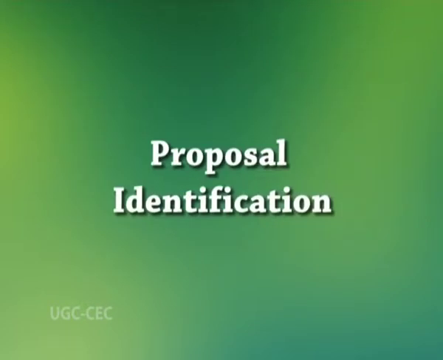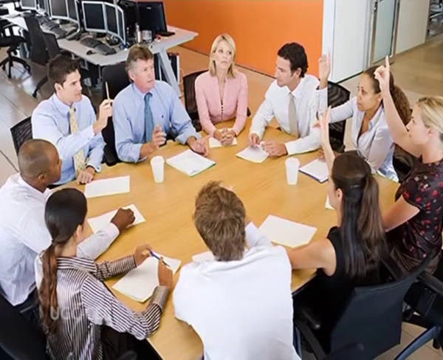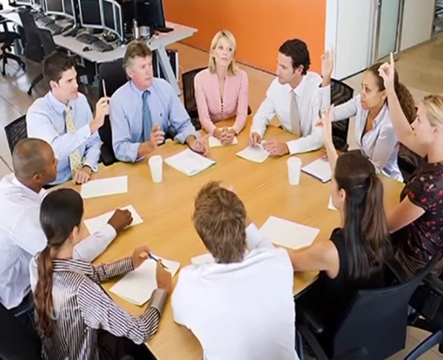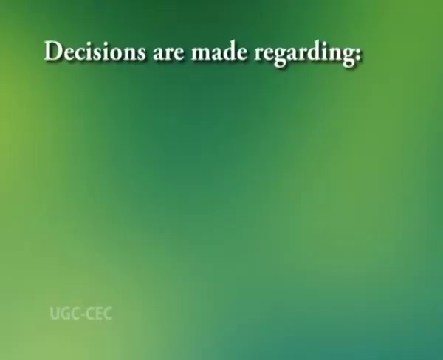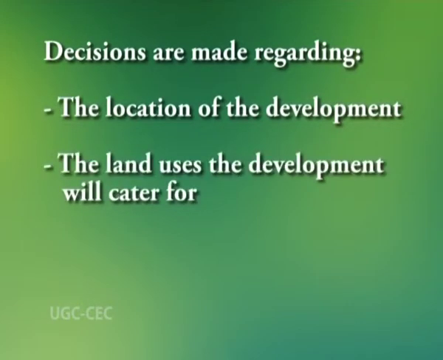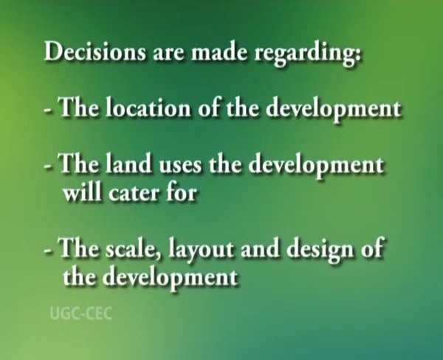Proposal identification. A large number of decisions are made at the project identification and proposal development stage. Decisions are made regarding the location of the development, and the land uses the development will cater for, the scale, layout and design of the development.